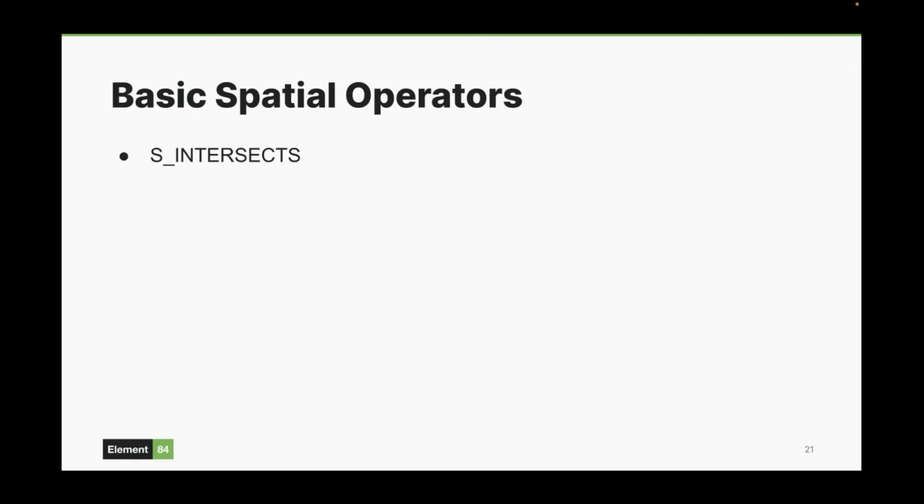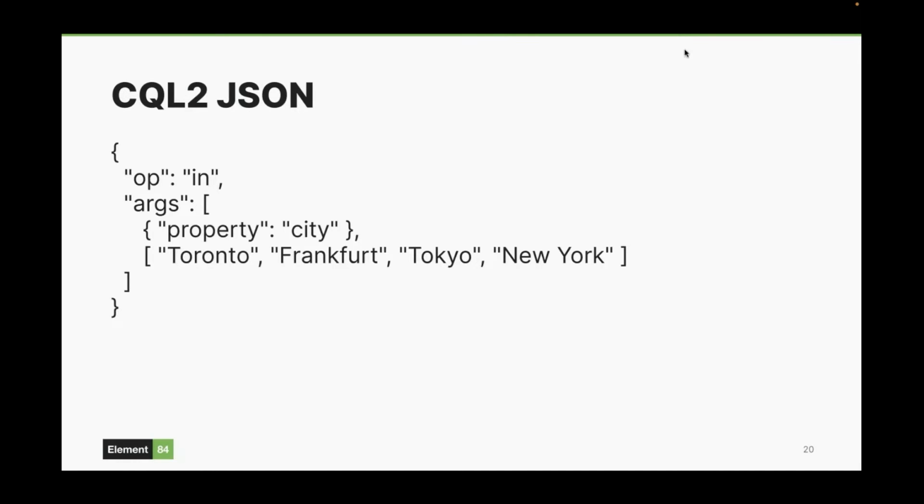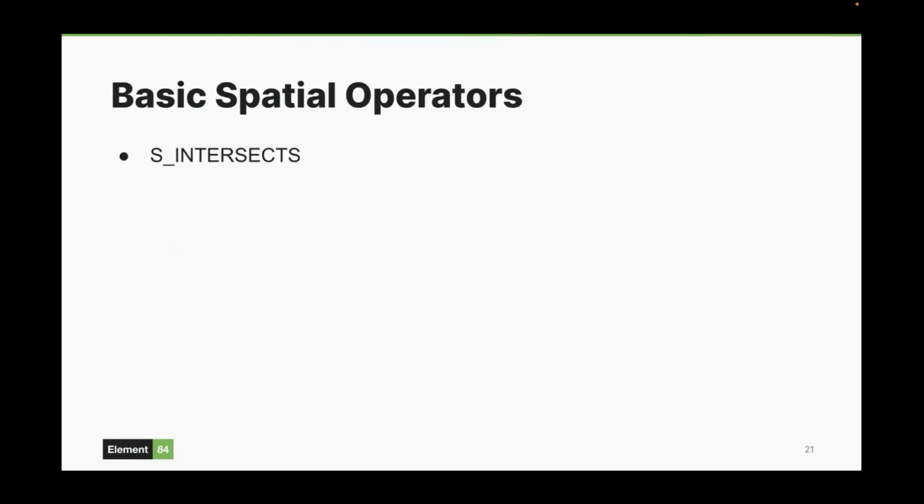It's also important because you may want to just push everything down into the filter expression and not have to mix and match the item search parameters and CQL2 expressions. You can just put them all in the filter.